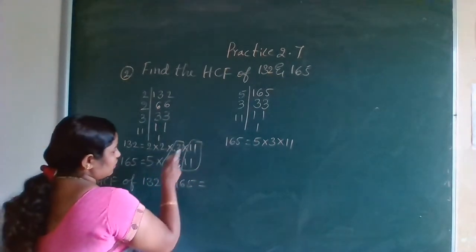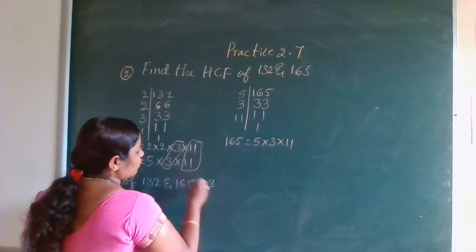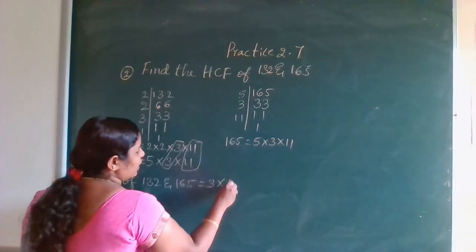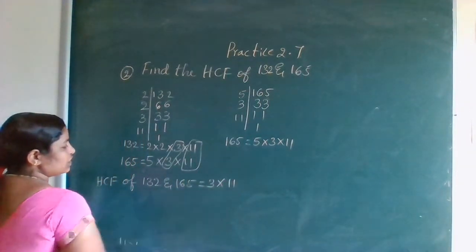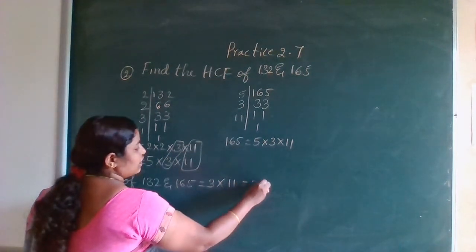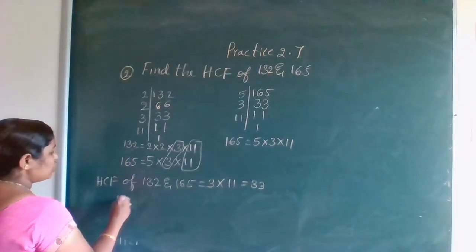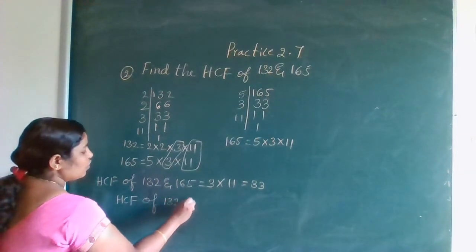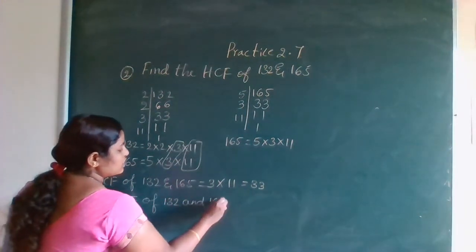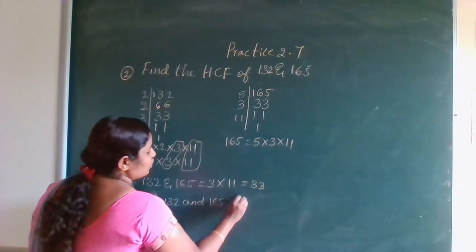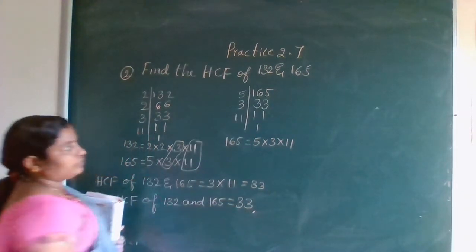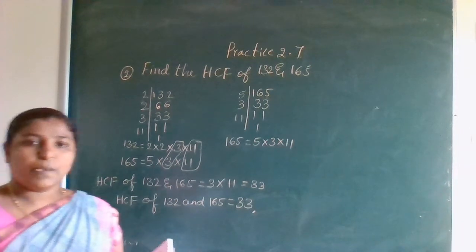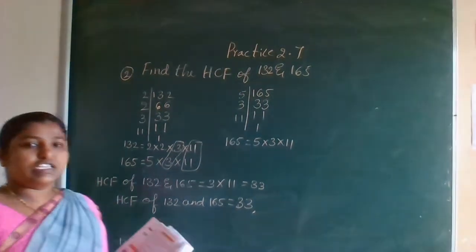So take among 2 3s one 3, and take one 11. So 3 11s are 33. So HCF of 132 and 165 is equal to 33. Okay? Do write this in your own way.